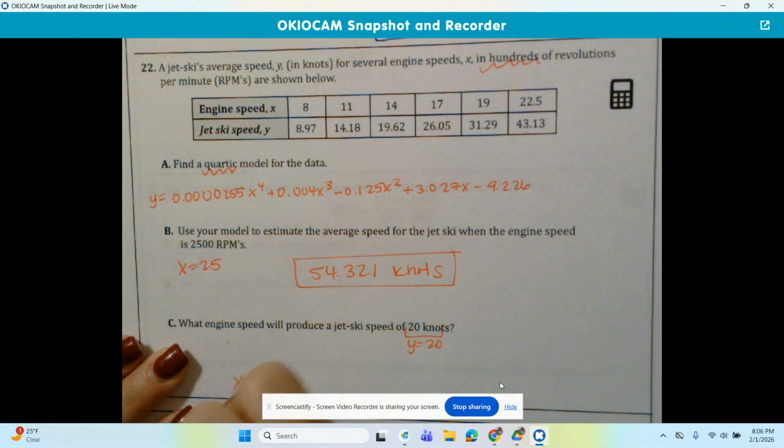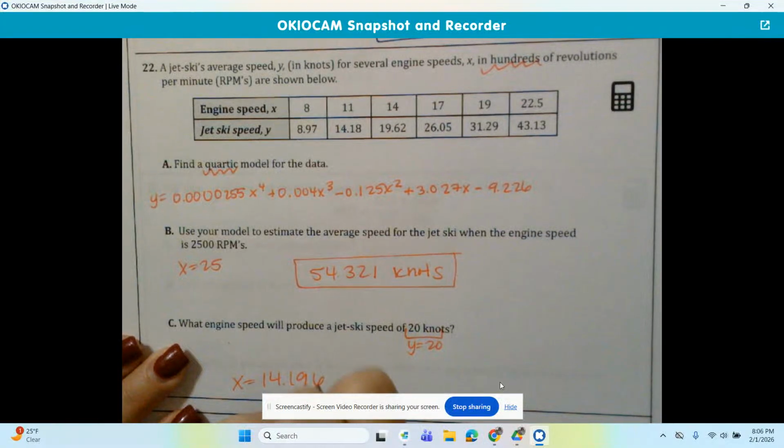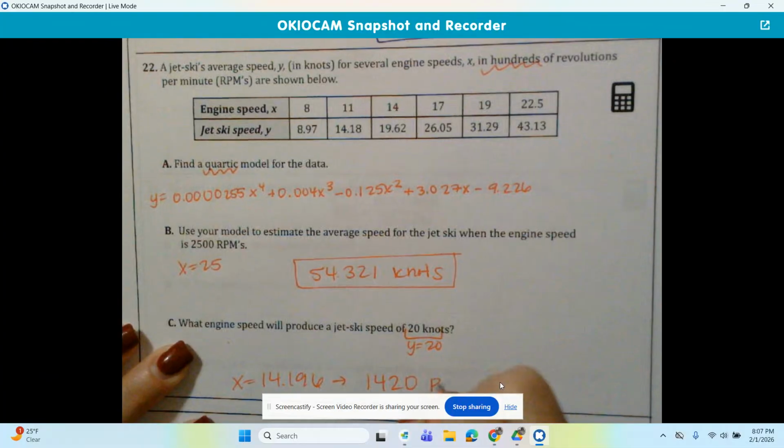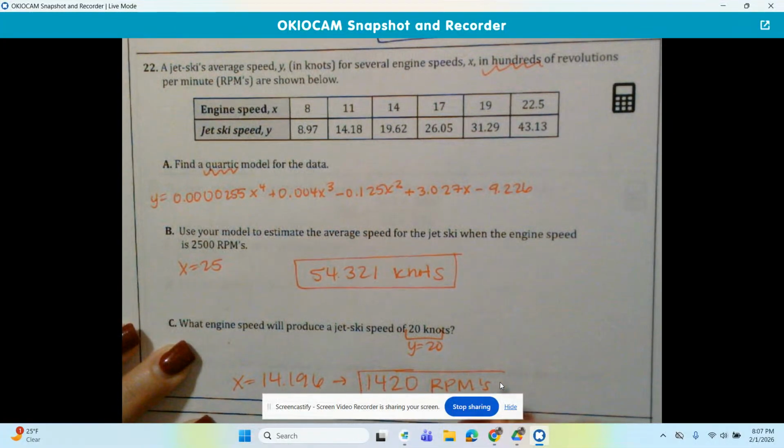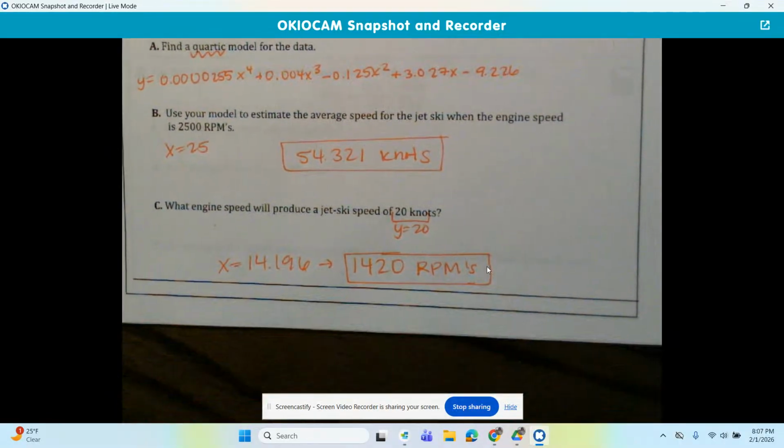Okay, so that gives me x equals 14.196, which, again, we want that in hundreds. So that's 1400. So I'm going to round that to 1420 RPMs. Little wiggle room on your rounding there. You could have done 1419.6. You could have gone out one more decimal place or enough decimal places after you moved it to equal the same amount. All right.